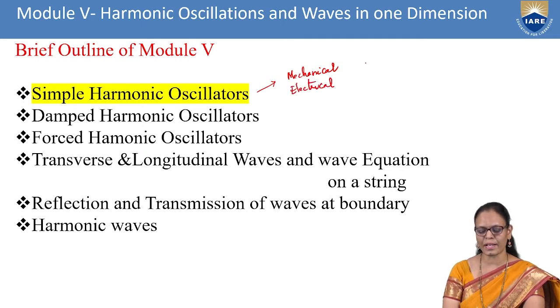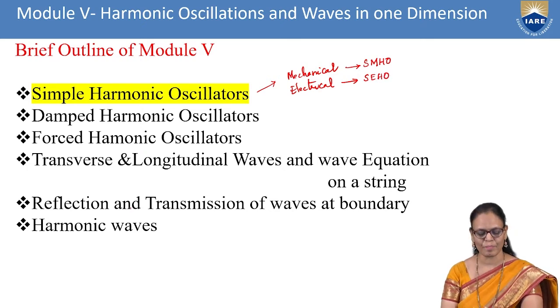So we may call them SMHO, which represents simple mechanical harmonic oscillator, and also we will discuss SEHO, simple electrical harmonic oscillators. Then we have damped harmonic oscillators, where we'll be discussing damping.